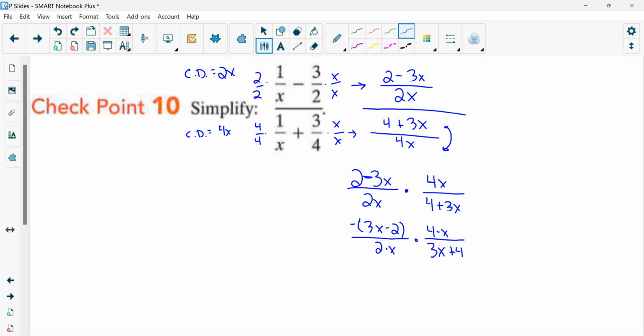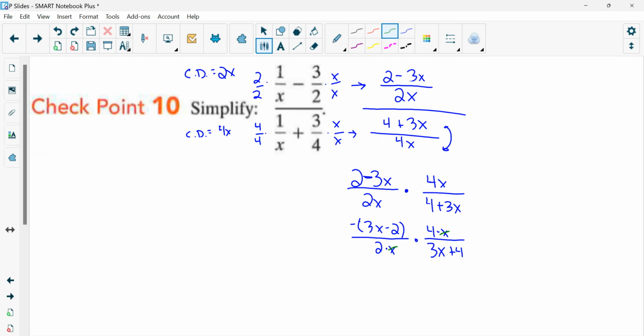All right, now that we have that, I can look to cancel any like factors. So there are a few things that I can cancel. What can I cancel out here? Not a lot, but I can reduce a little bit. So I can get rid of the x's totally, right? X over x. And what can I do with the 4 and the 2? Reduce that.